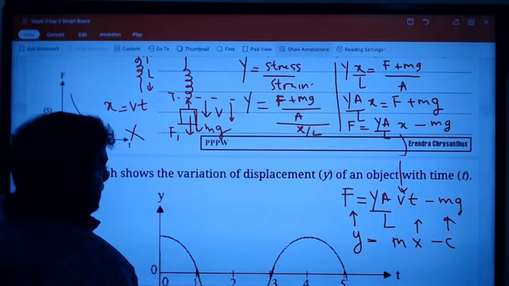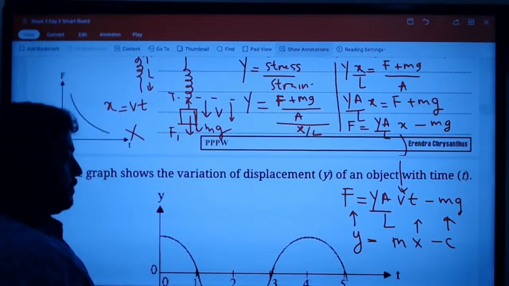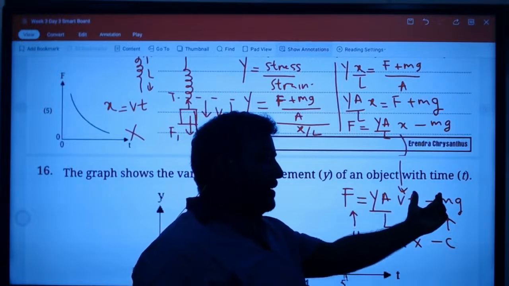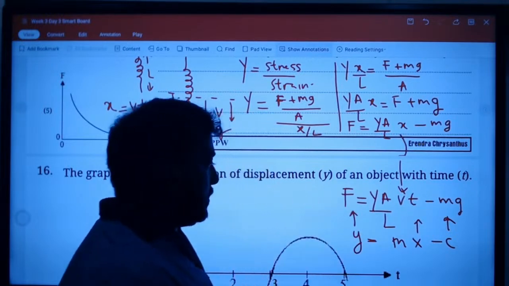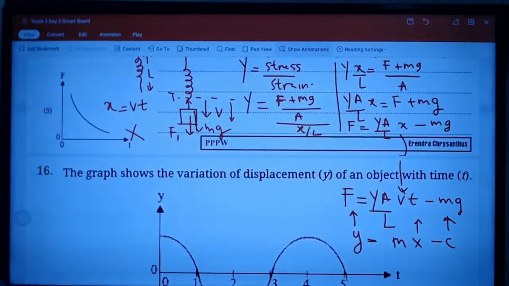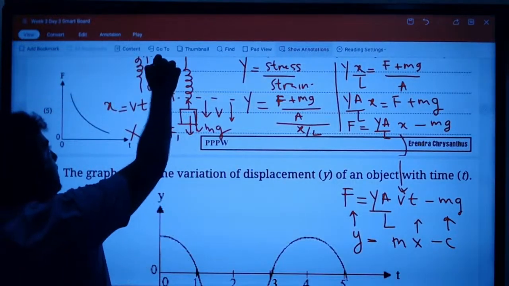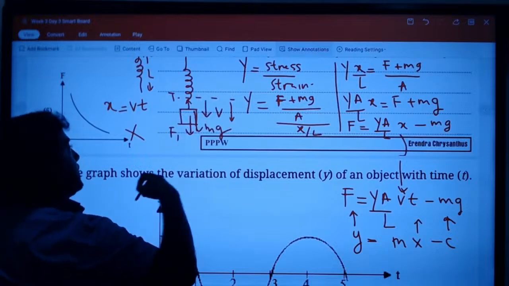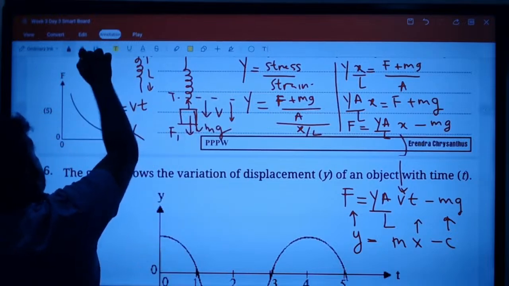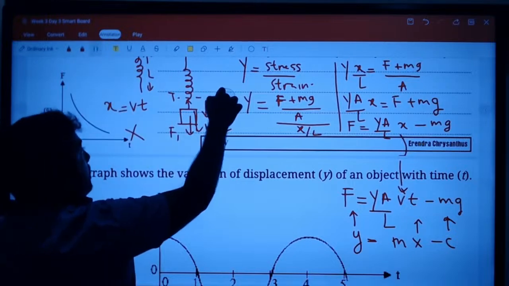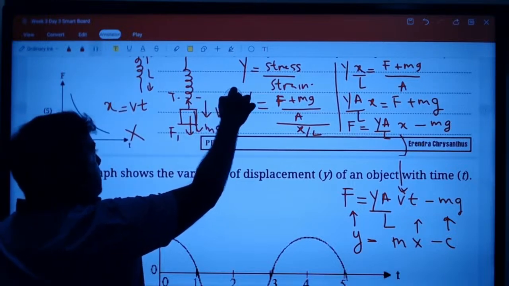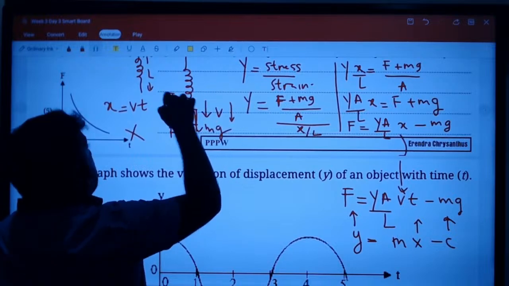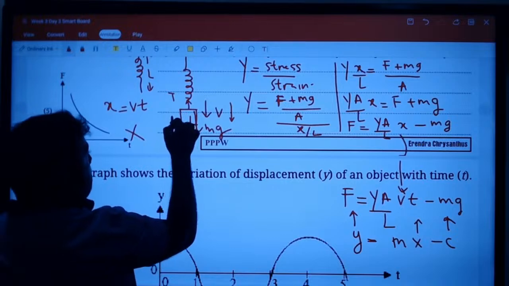When t is equal to 0, F is equal to minus mg, down. So I think they are considering the extension from here, not from the beginning. I consider from the beginning.